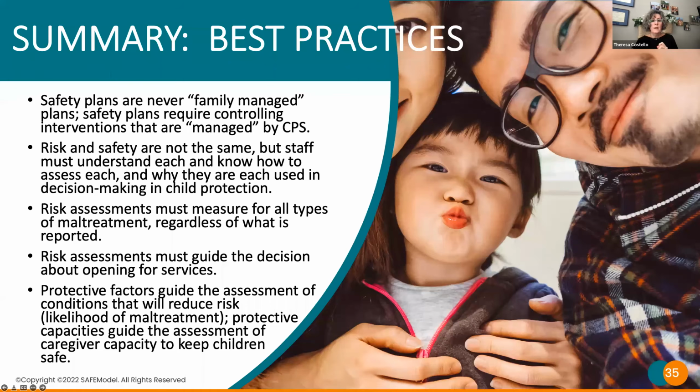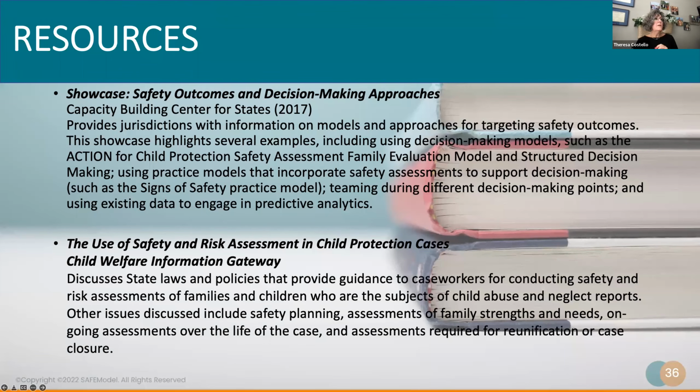Resources. At the end here, I promised that we would give you some resources if you'd like to study any of this some more. You can see these. There's a really nice document the Capacity Building Center did on safety outcomes and decision-making approaches. They call it a showcase. It's very informative.